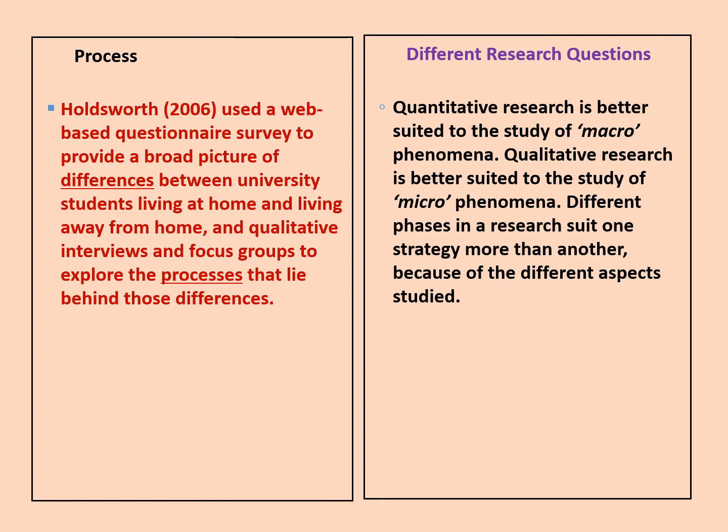Later on, a qualitative interview was conducted with a focus group, which is a qualitative method, in order to understand better the processes that lie behind the differences that were broadly revealed with the first method, the quantitative web-based questionnaire survey.